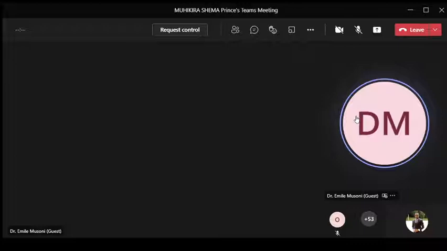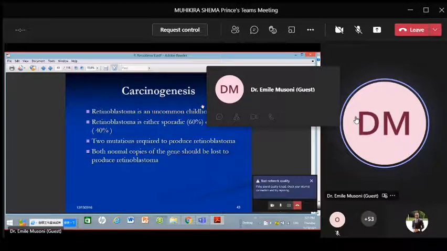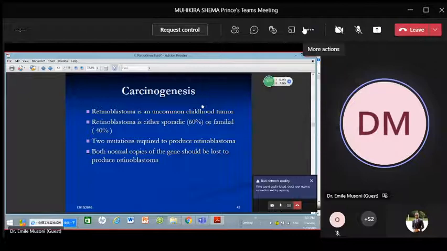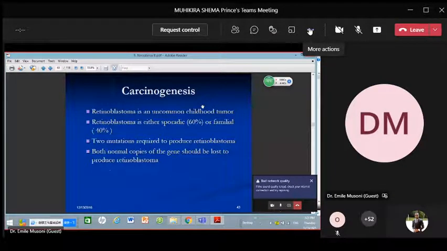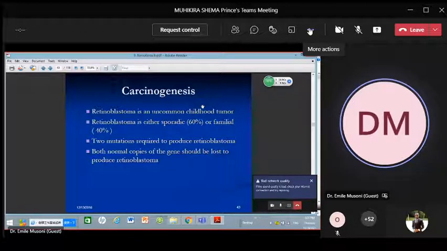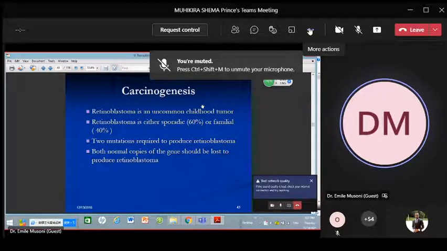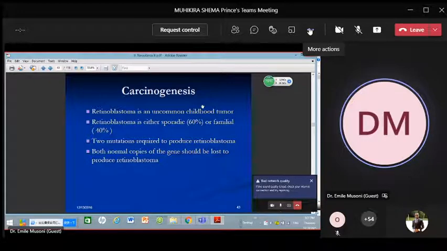Retinoblastoma is a common childhood tumor. Retinoblastoma is either sporadic or familial, familial in 40%. Two mutations are required to produce retinoblastoma. Both normal copies of the gene should be lost to produce retinoblastoma.